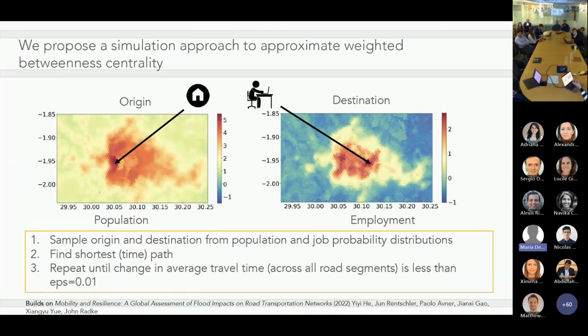We find the shortest path between the origin and the destination, and we add it to the street network, and we keep on recursively and iteratively doing this until the results reach an equilibrium. By that we mean that the difference in average travel time over the street network across two steps is 0.01.